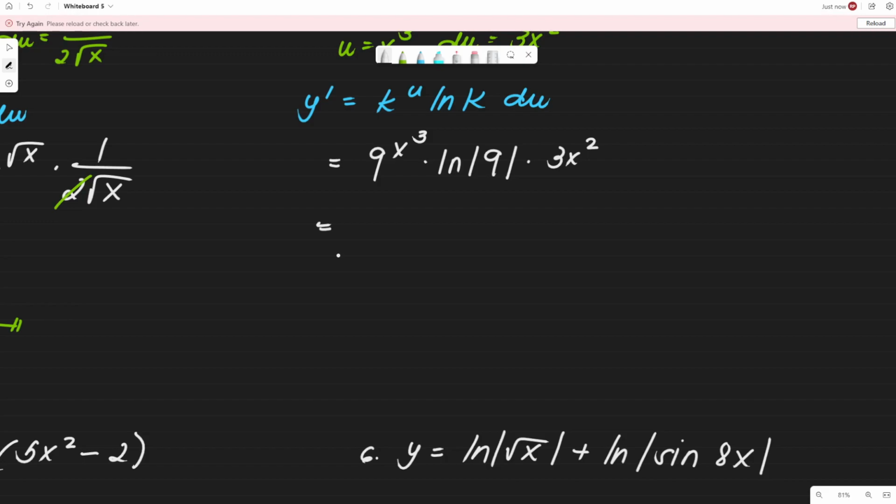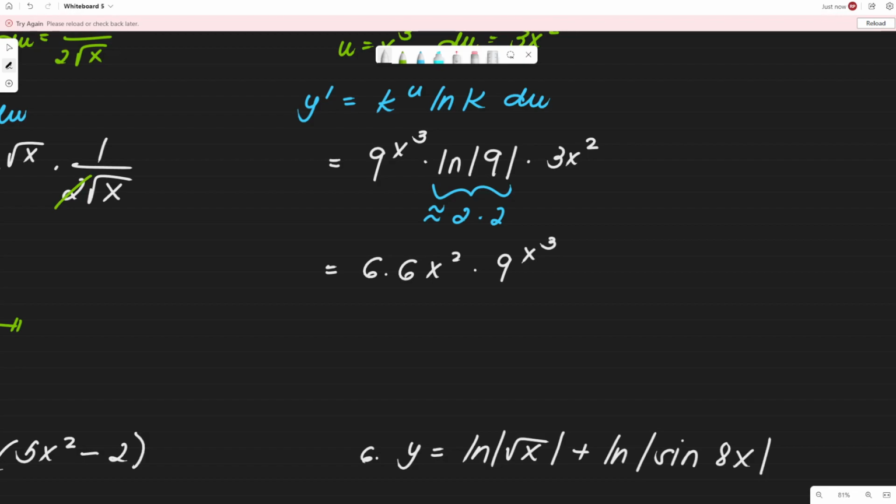Okay, so this is approximately 2.2. Since this is approximately 2.2, we can multiply it with 3. So 2.2 times 3, that is 6.6. So we have 6.6x squared times 9 raised to x cubed.